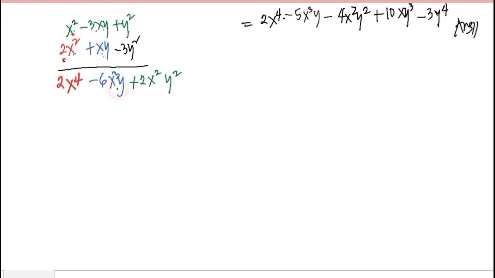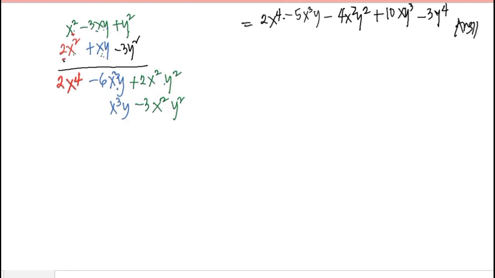So nandito yung x cubed y, dito natin siya isusulat. And that's positive. And we have here xy times negative 3xy. So that's negative 3x squared y squared. So dito natin siya nilinya kasi pareho siyang x squared y squared.